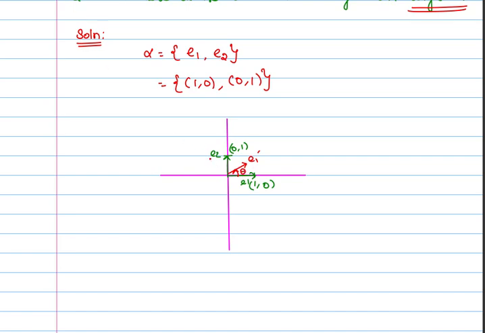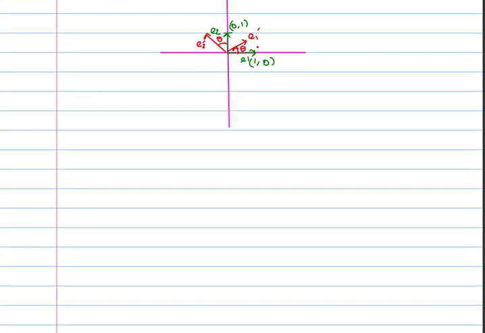Similarly, E2 is also rotated by theta only, correct? This is the angle theta, and this I call E2 prime. I want to find E1 prime and E2 prime. First I want to find E1 prime.